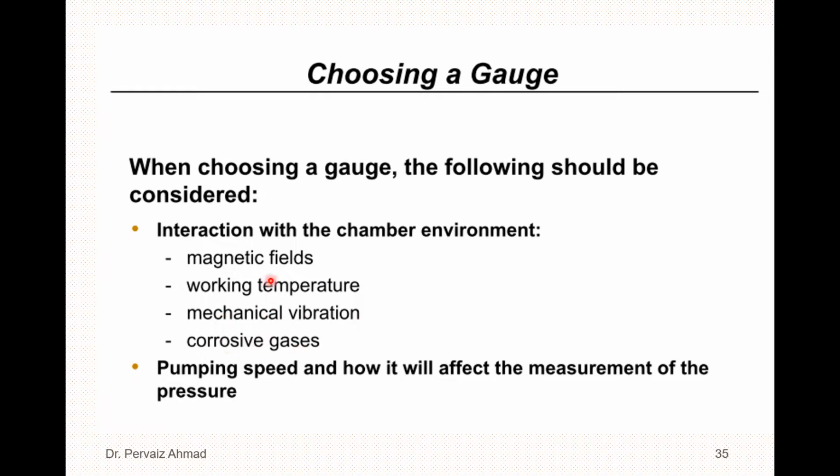These are some of the interactions with the chamber environment you should look for when choosing a gauge. You should also look at the pumping speed and how it will affect the measurement of pressure.